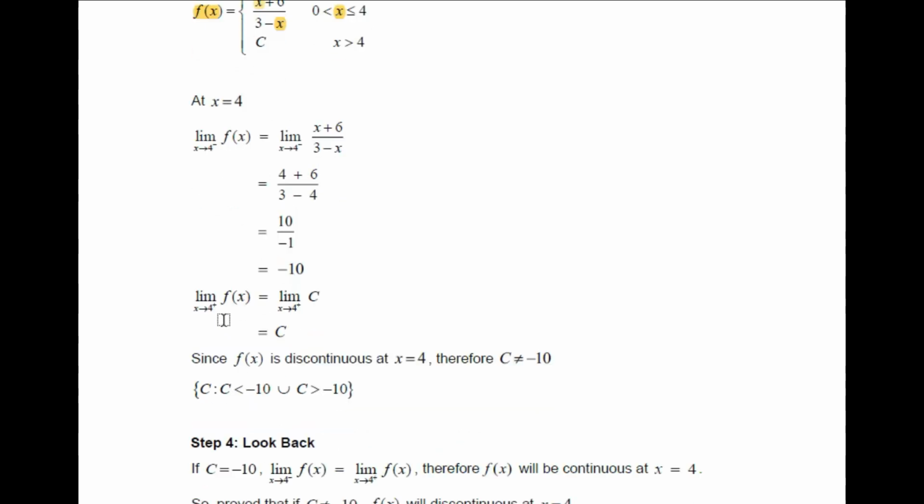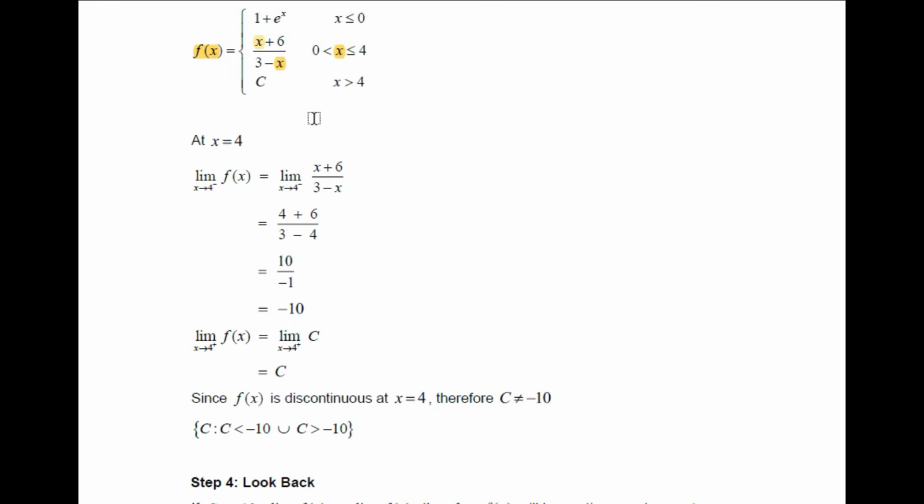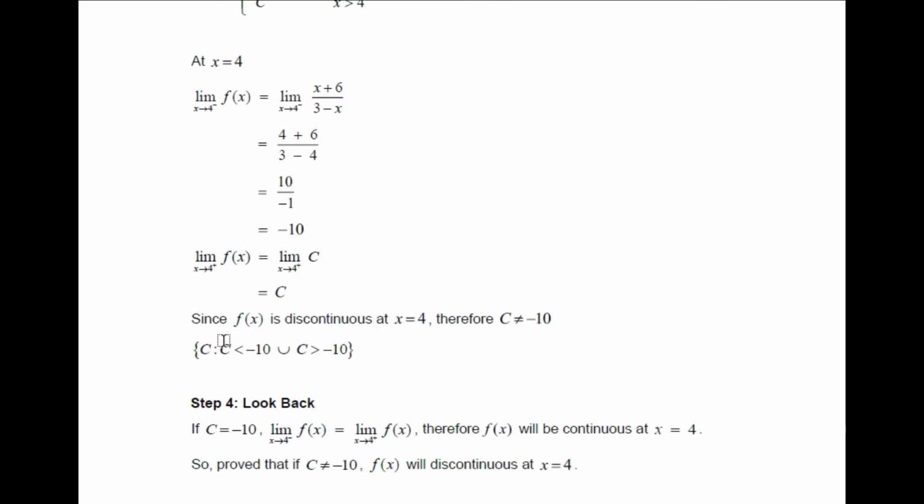And then we calculate the limit of f(x) as x approaches 4 from the right. The applicable part of the formula for the limit as x approaches 4 from the right is c. So, the limit of c as x approaches 4 from the right is equal to c. Since f(x) is discontinuous at x equals 4, therefore c is not equal to -10.